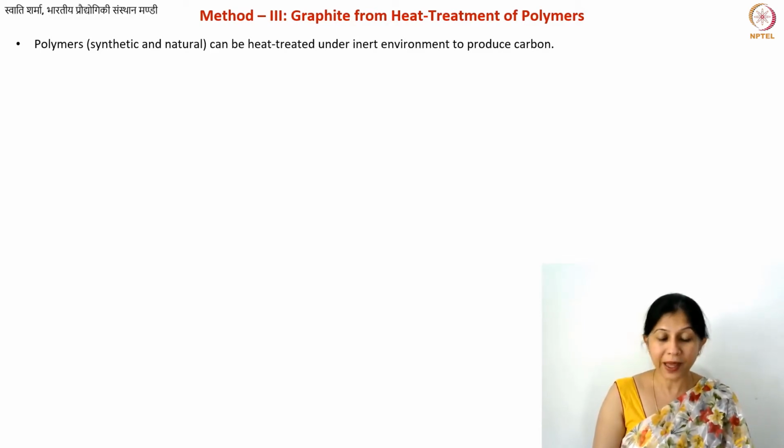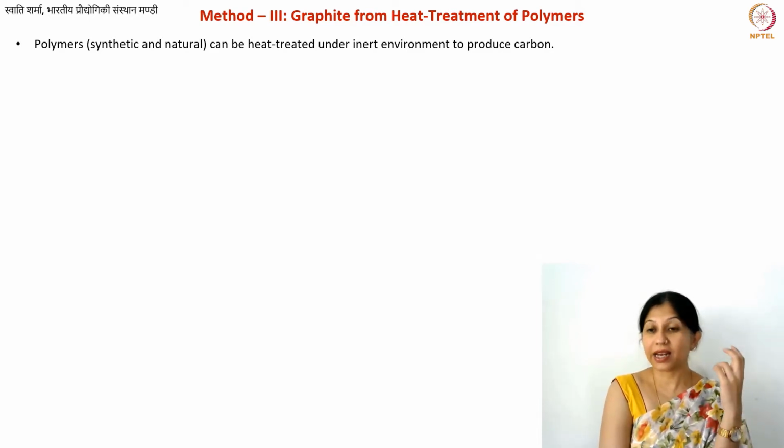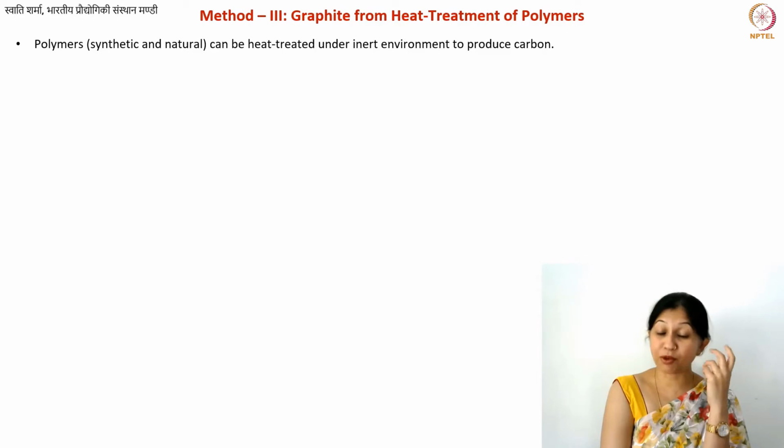At that time, people did not use other forms of carbon; they preferred to use graphite. So it was needed in very large quantities, and people ended up trying out different things. One of them was to convert polymers into carbon. People initially thought that anything, when heated up to 3000 degrees, would convert into graphite.